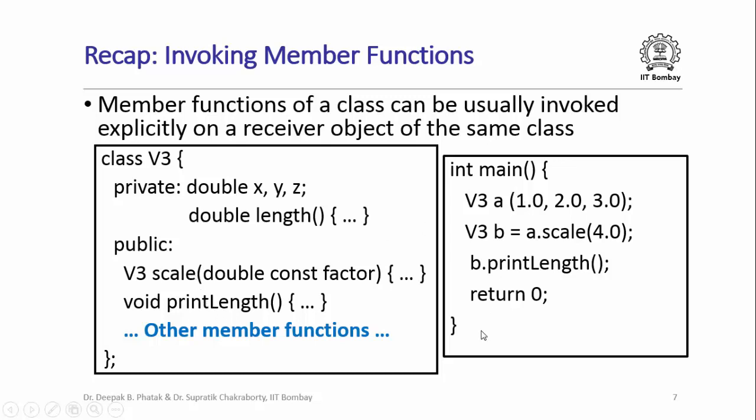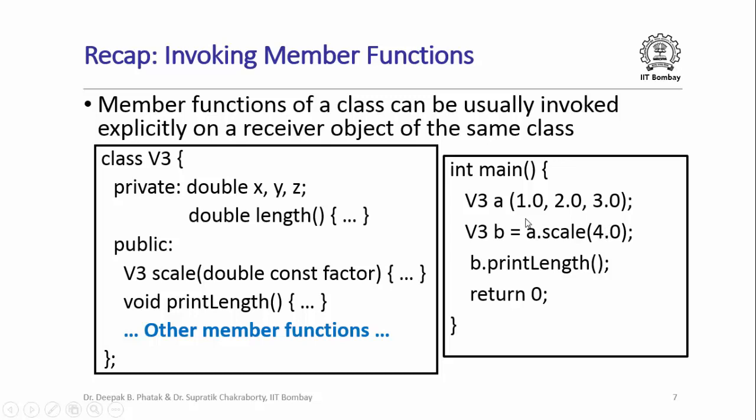And here is our main program in which I'm first allocating an object A of class V3, and of course the constructor function for V3 is going to be invoked on the receiver object A with the parameters 1, 2, and 3 as shown here. Then once I get that object A, I'm going to invoke the member function scale on the receiver object A with the parameter 4.0.